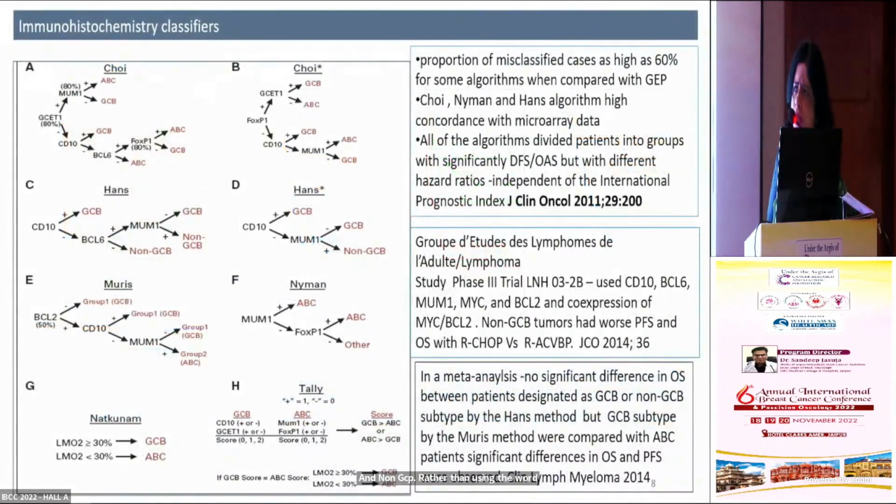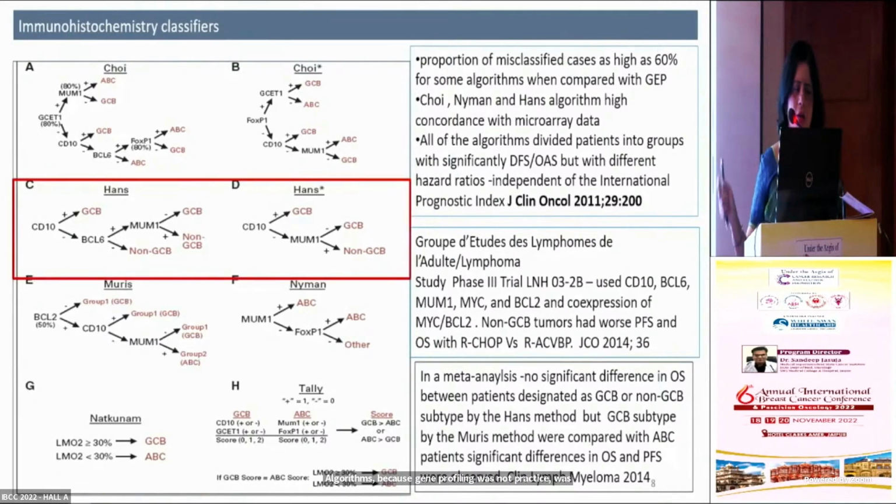line. Then came a rush for launching immunohistochemical algorithms because gene profiling was not easily practicable. The most common algorithm, all of you already know this, is the Hans and the modified Hans, because BCL6 in the Hans algorithm is a disaster and it cannot be replicated.